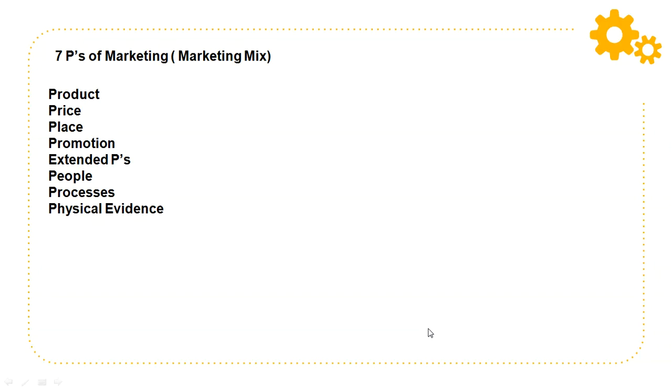This is part two of marketing mix, and we're gonna start with physical evidence. So, what is physical evidence in services marketing? Physical evidence is used to tangibilize the intangible. For example, you have your hotel and you have a lavish reception.